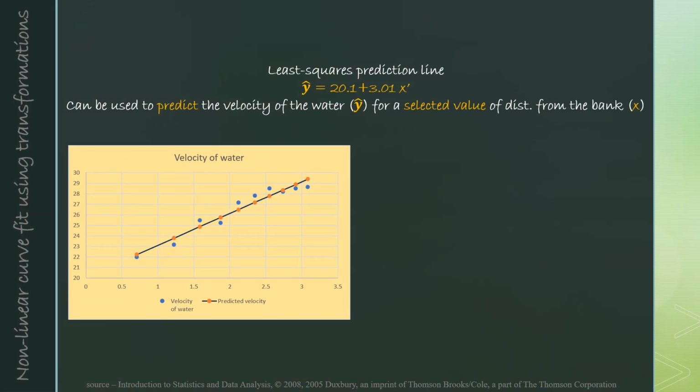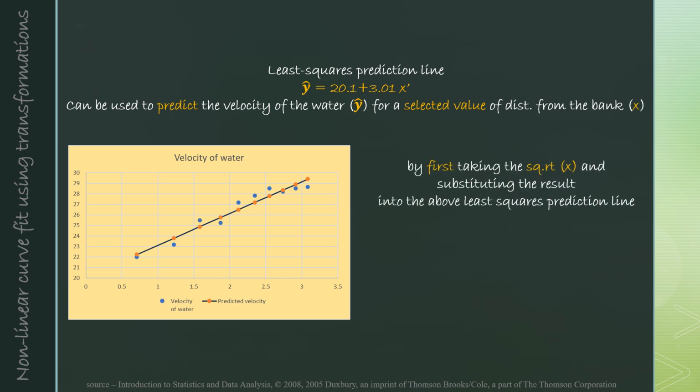The least squares prediction line arrived at after applying a transformation on the independent variable x can be used to predict the velocity of the water y hat for a selected value of the distance from the bank x, by first taking the square root of x and substituting the result into the above least squares prediction line.